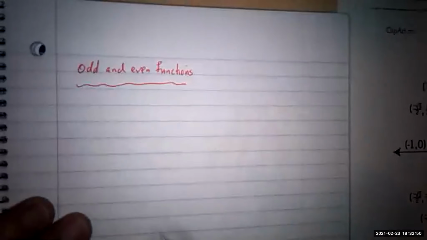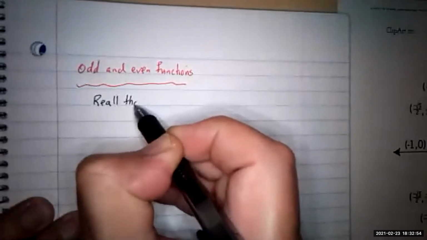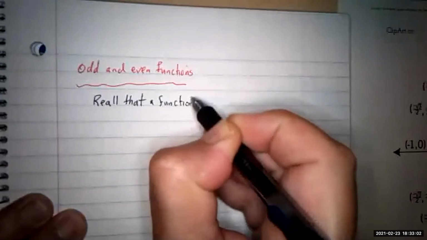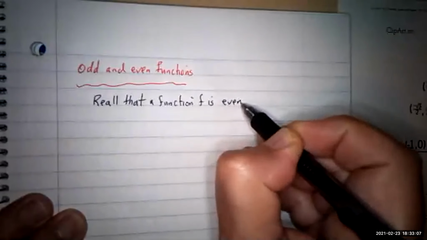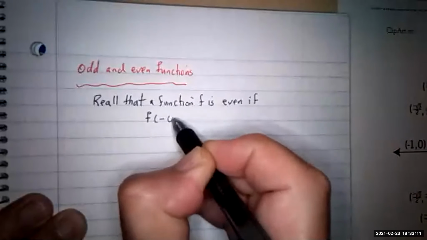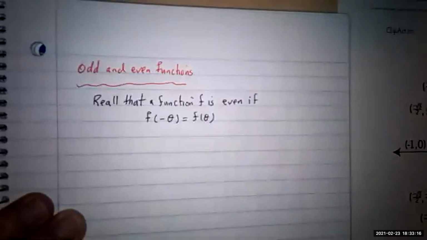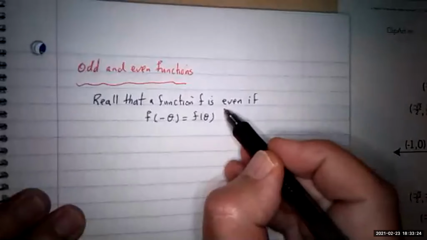So recall, from algebra, that a function f is going to be even if f of negative x is going to be f of x. You change x to the negative x in algebra. If everything stays the same, the function is going to be called an even function.